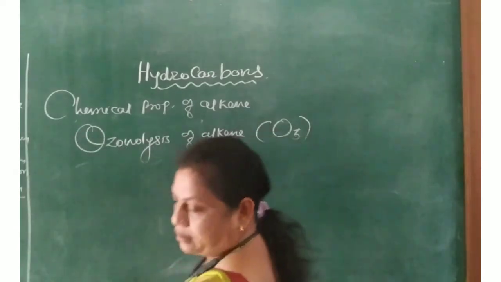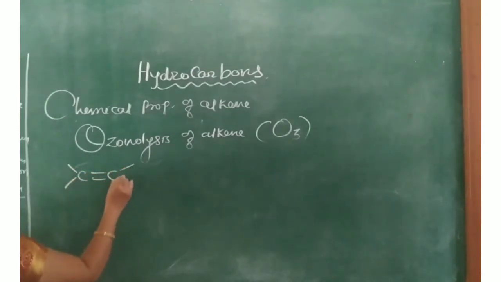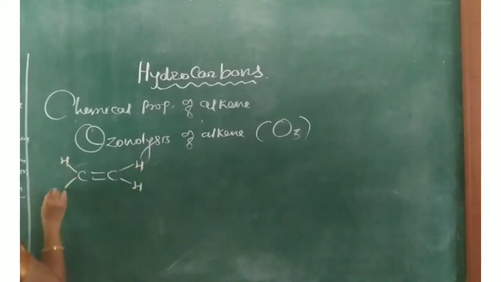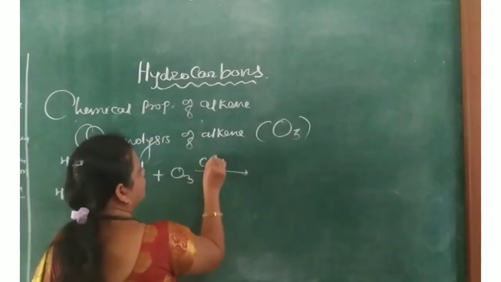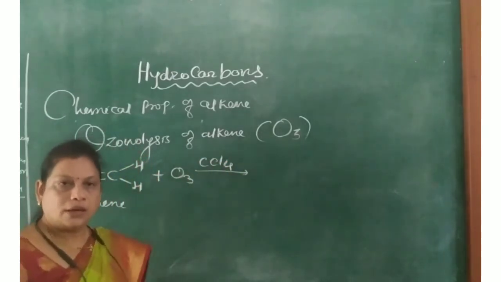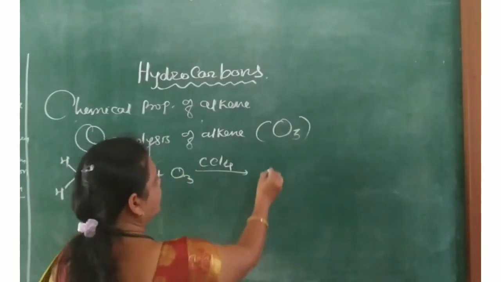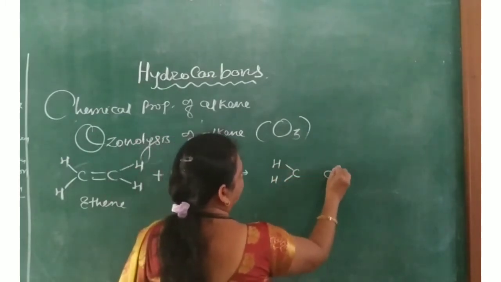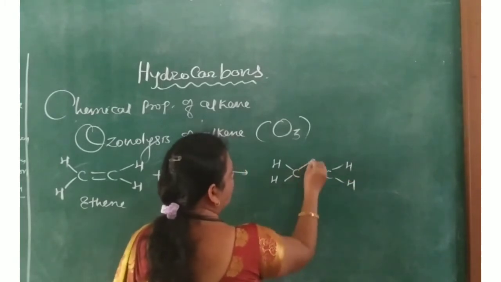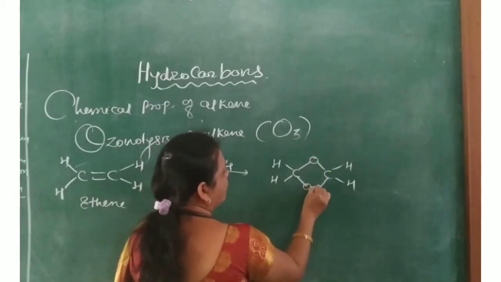Now consider the first example, ethylene, CH2 double bond CH2, this is ethene. On ozonolysis with carbon tetrachloride, the double bond gets converted into this and then breaks in this way. This is CH2, again CH2, and 3 oxygen atoms combine in this manner.